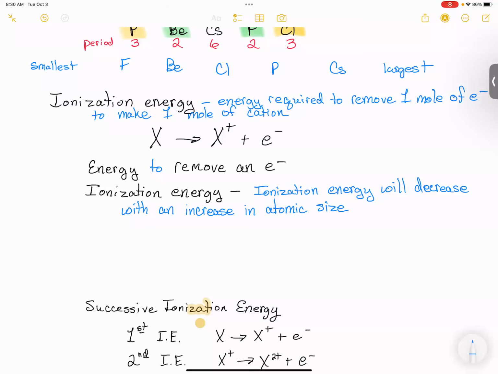Ionization energy will decrease with an increase in atomic size.